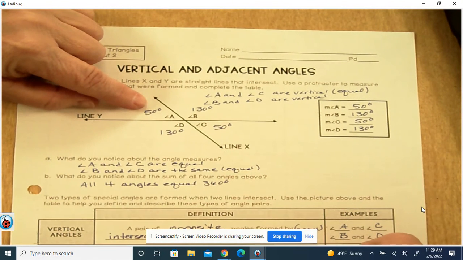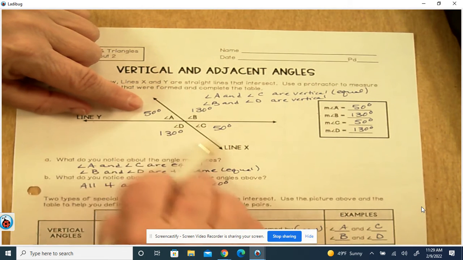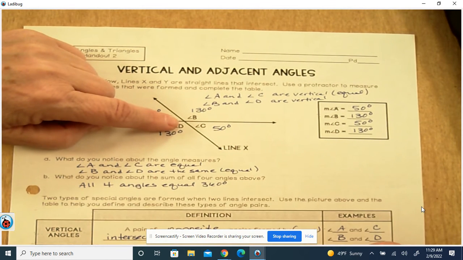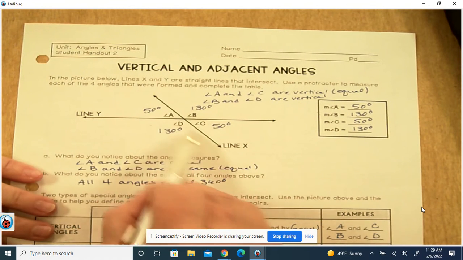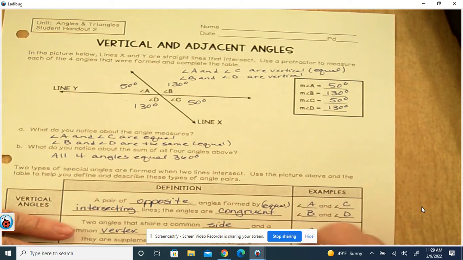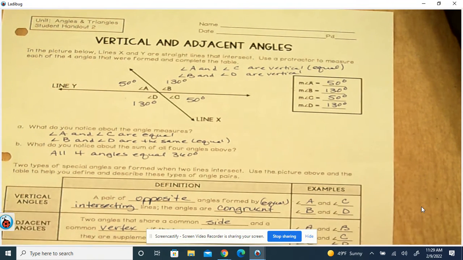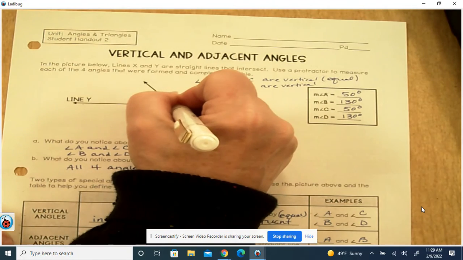And then we could also say B and C are adjacent and they share this side. There's several of these. And then C and D, and they share this one. And then D and A, and they share that one. And they all share this vertex, this point right here in the middle.